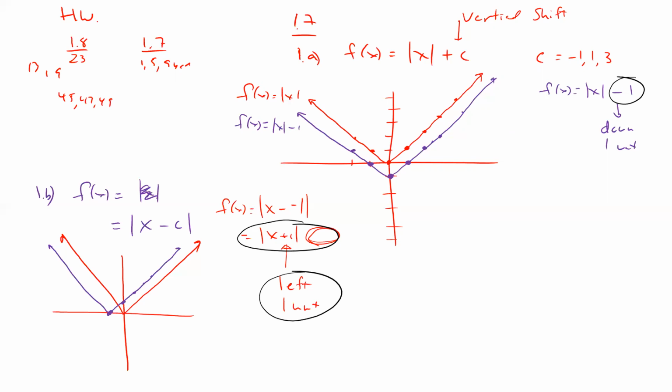So 45 we should do, and then one of these guys here. Let me do 13 and then 23. You guys okay with that? And then 19, I'll let you guys try by yourself here.